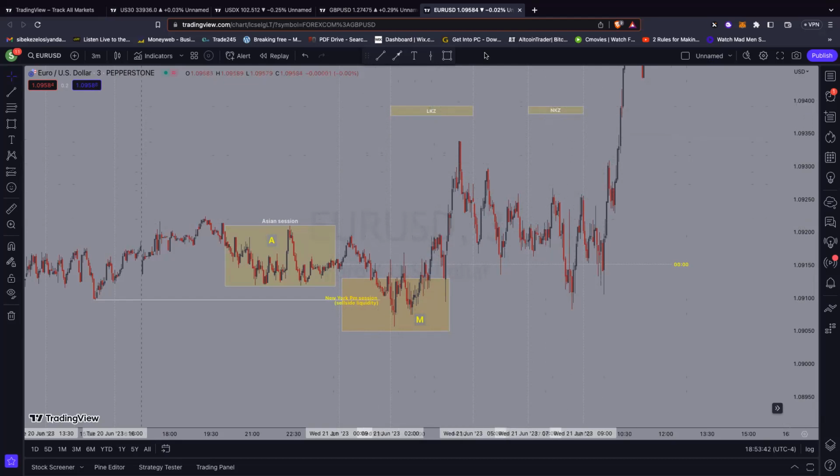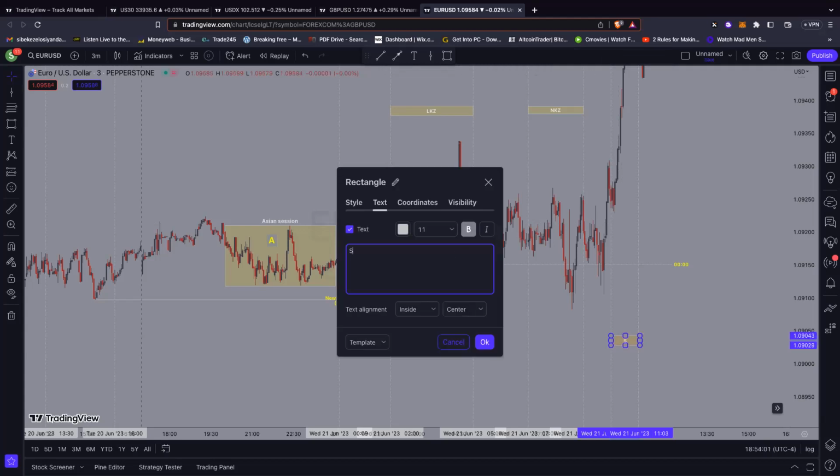And then you're going to go on and on for silver bullet. You just go from 10 to 11. That's a silver bullet entry. Okay, you write silver bullet there.